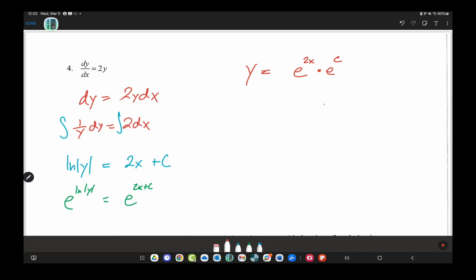So what's a constant raised to another constant? A constant. We're going to use this letter for the constant, though. Does that look familiar? Remember PERT and all that other fun stuff? Basically, this is what's called an exponential function, an exponential growth function.